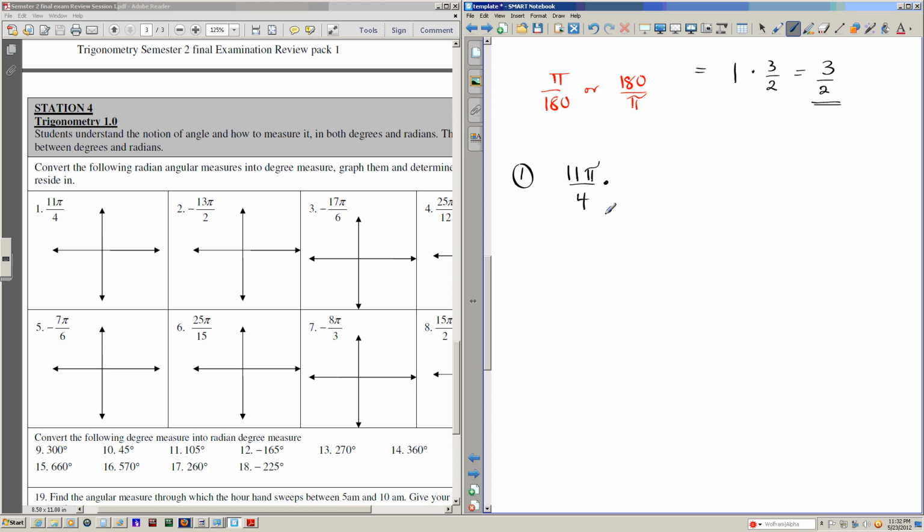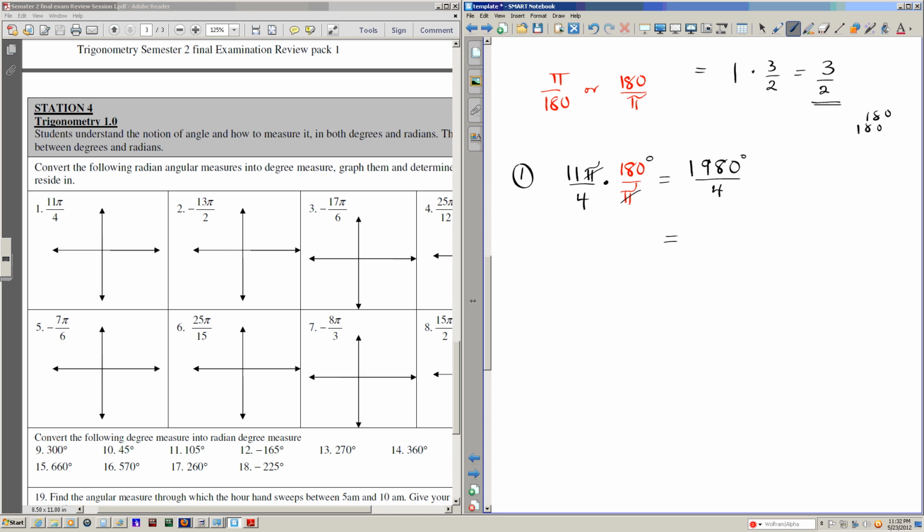Since pi is on top, we're going to multiply by the one that cancels this. So we need the one with pi on the bottom, 180 over pi. Okay? All right, so the pi's cancel out, which gives degrees. So you're going to have 11 times 180, which is 1980, divided by 4.